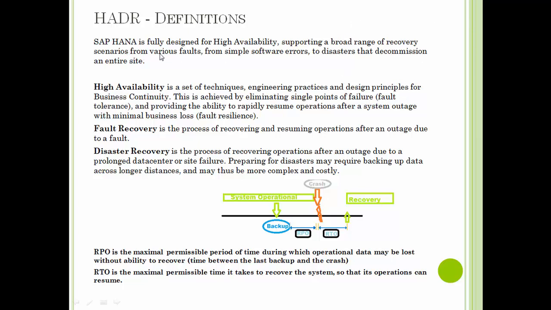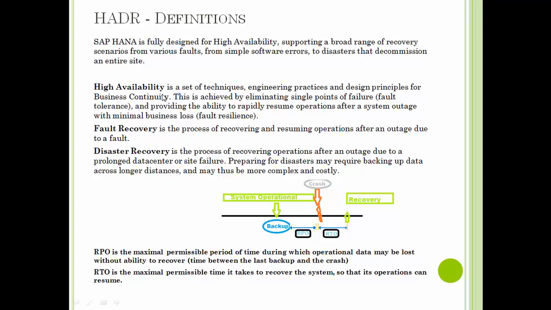These faults could be a simple software bug due to which the system goes down, or a crash at the operating system level, a crash of the hardware, a crash of the network, or could be as big as a disaster that decommissions an entire data center site.